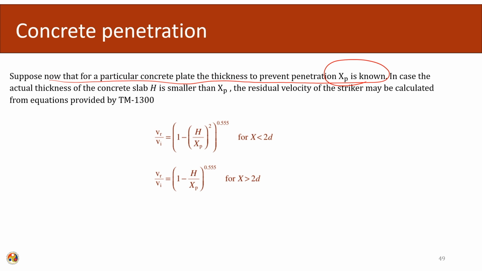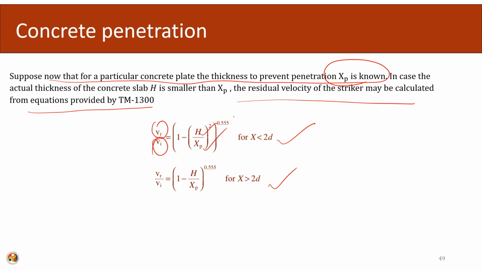In that case, where the actual thickness of the concrete slab H is smaller than XP, the residual velocity of the striker may be calculated from the equation provided by TM 1300. So, these are the equations given by TM. Again VR and V initial, and H and XP.